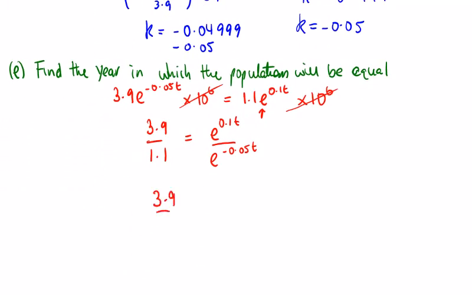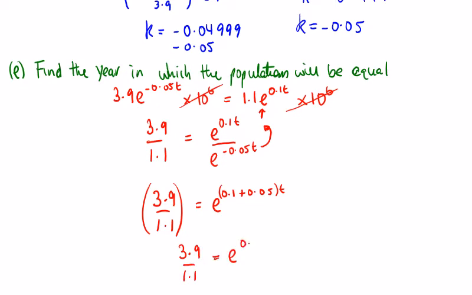I won't bother simplifying this. We can simplify it at the end here. 3.9 over 1.1. If I bring this power up, it becomes positive. So I end up with e to the power 0.1 plus 0.05t. So that's going to give me 3.9 over 1.1 is equal to e to the power of 0.15t.